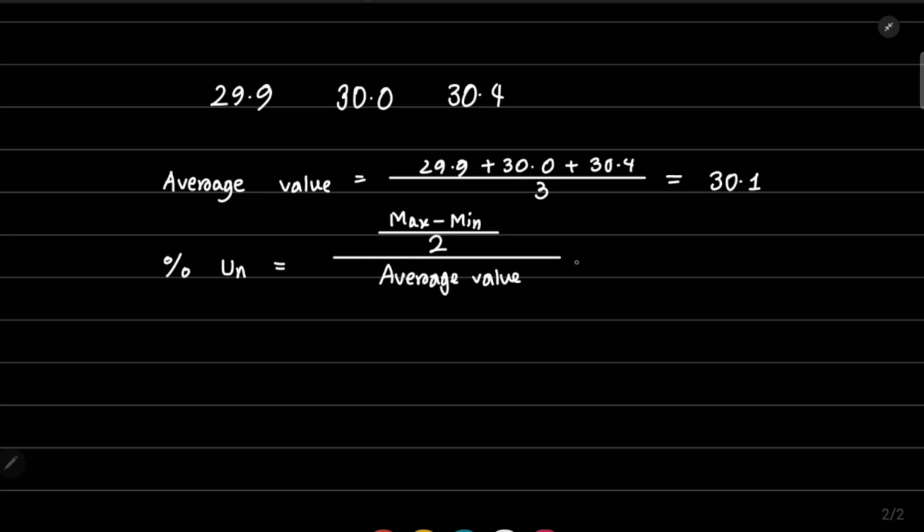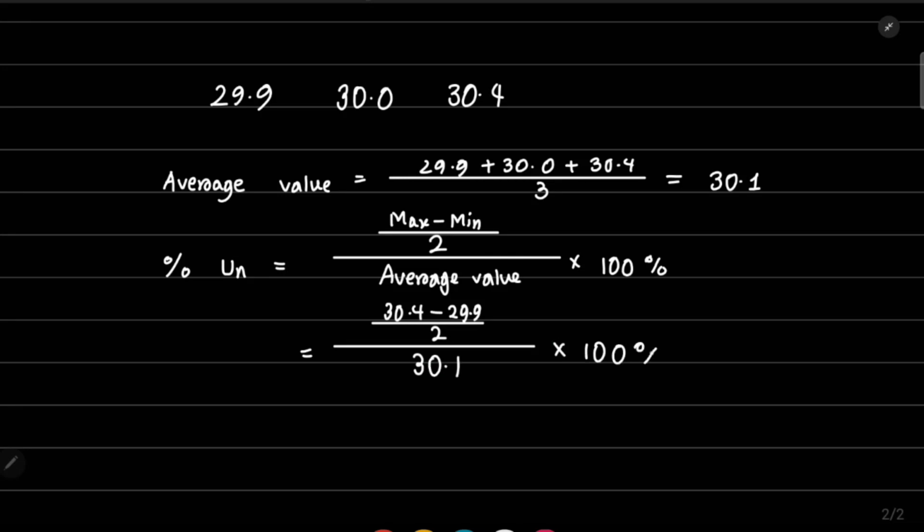And then you multiply it by 100. So for this case, the maximum value is 30.4, the minimum is 29.9. We divide it by 2, divide the whole thing by 30.1 and multiply it by 100. From here we get the value of the percentage uncertainty.